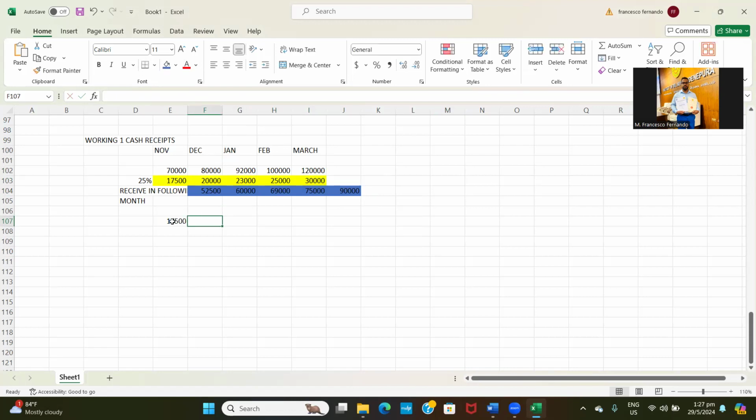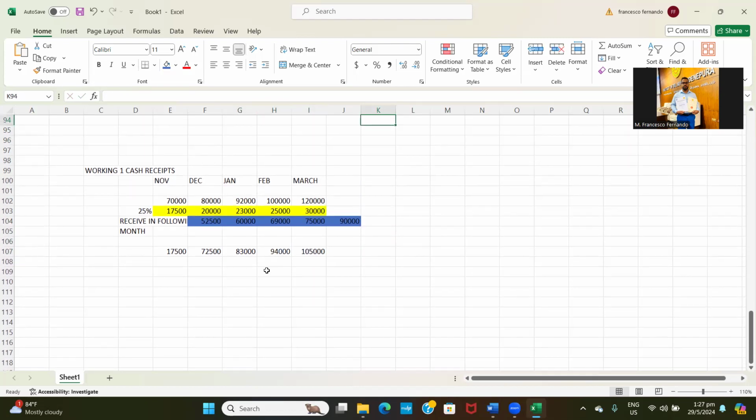Here it is 20,000 plus 52,500, 72,500. Here it is 83,000. Here it is 94,000. And here it is 105,000. So this is the total cash receipts. But the question asks only for January, February, and March, so we should consider only these three.